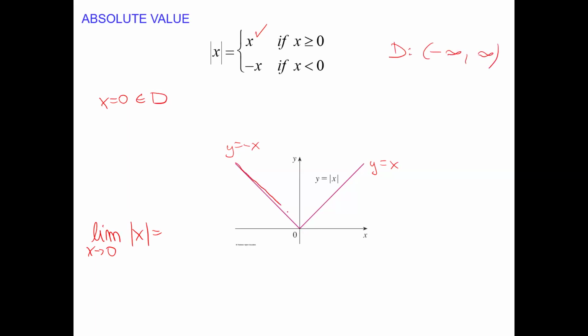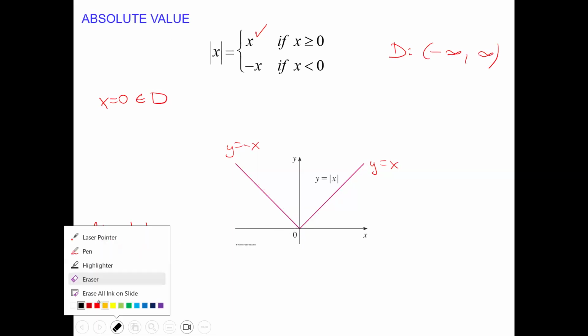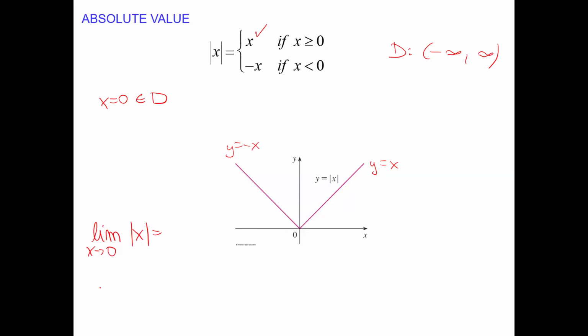As we can see, we have a continuous function. We do have this sharp corner at 0, but it's still continuous. Then, when we have a continuous function, we can just substitute: the absolute value of 0 is, of course, 0. The limit is 0, and we may notice that on the graph.